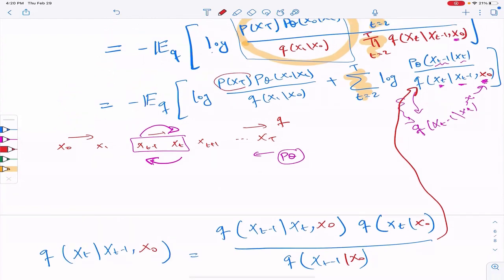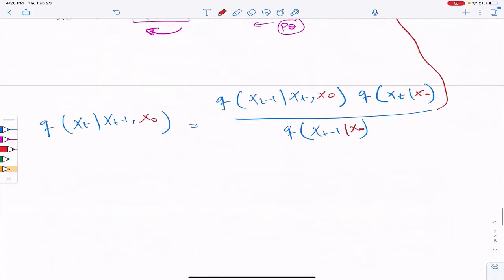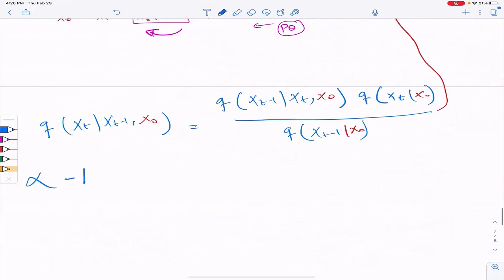So this p xt is just a normal distribution, right? It doesn't depend on my theta. I'm just going to ignore it to further simplify my optimization. So the whole thing will be what? I have the negative of expectation of q log of p theta of x0 given x1.